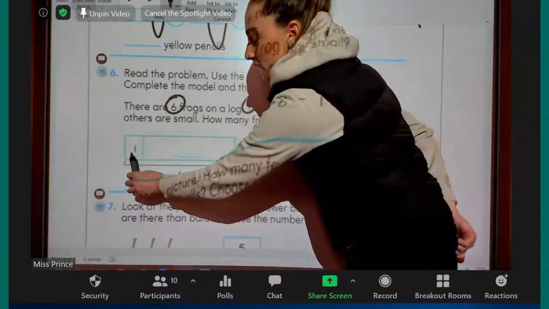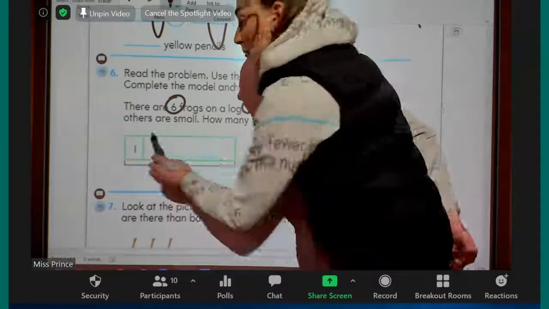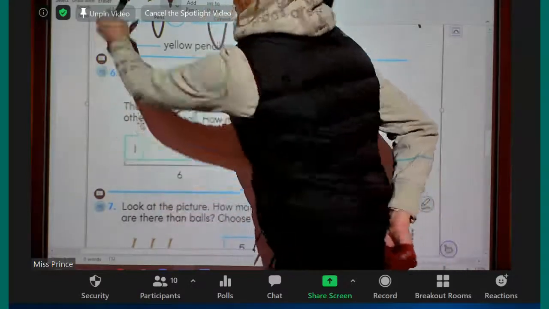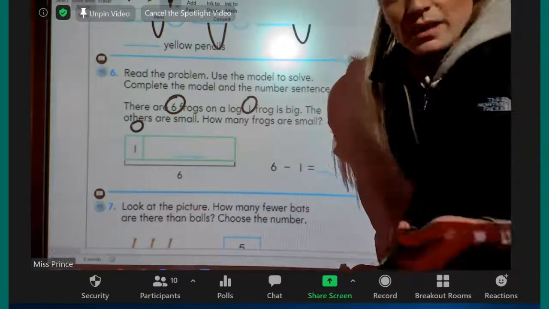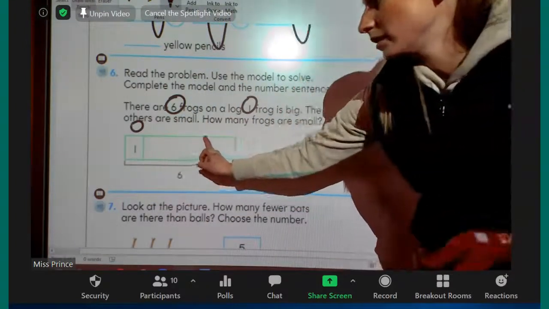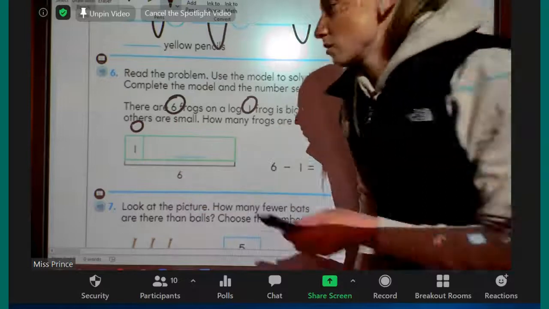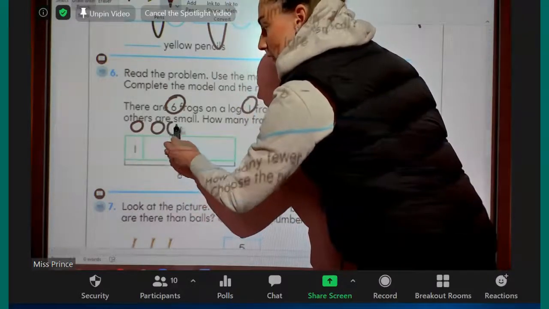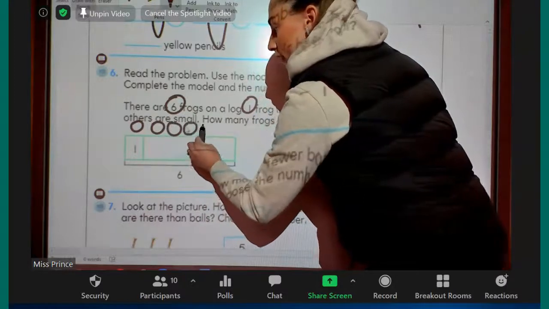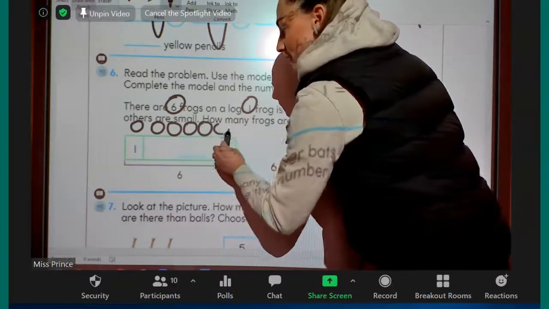The number is going to tell us how many circles to put up there. Good job. 1 circle. And now we just keep counting on, and we keep going until we get to 6, okay? So 1, 2, 3, 4, 5, 6.